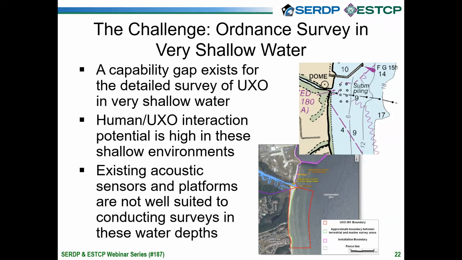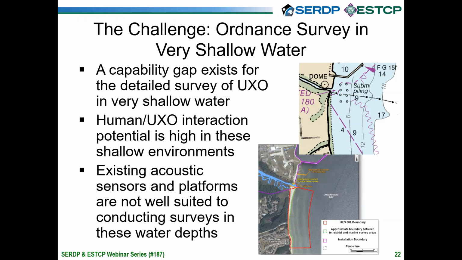In that workshop, they presented a range of different technologies that had been applied to this problem. And as we looked at those sensors, one thing that was apparent was there was a real capability gap to conduct detailed surveys in very shallow water, because it's very difficult to place sensors into very shallow water.